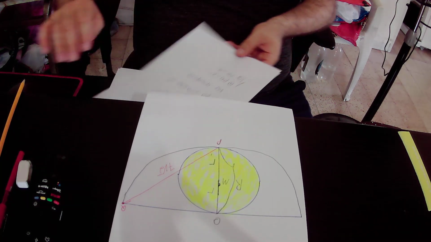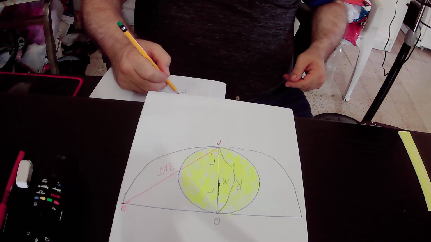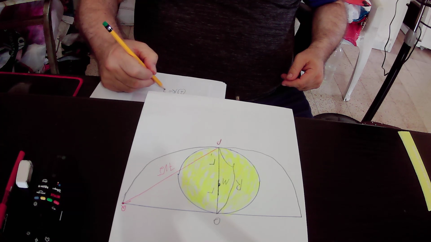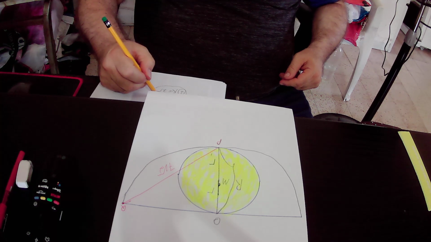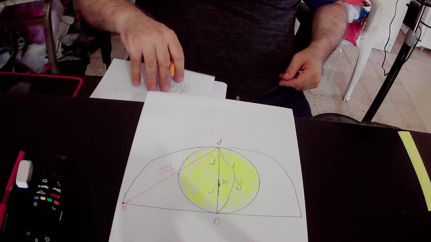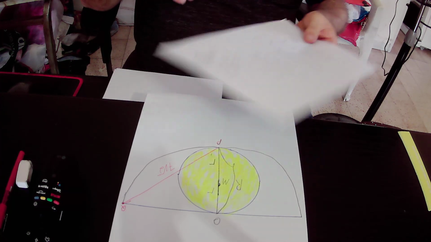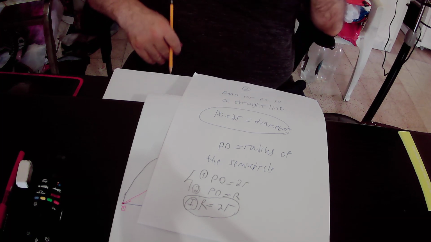Okay, that will be our first equation: capital R equals 2 times small r.